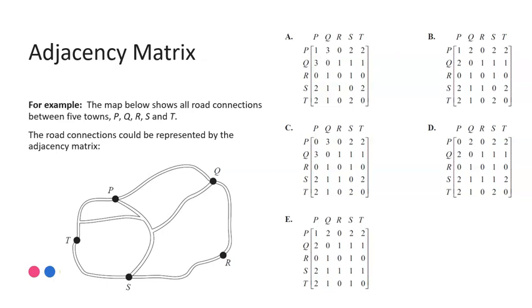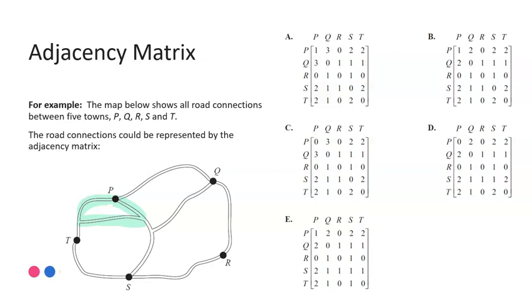So thinking about, can I leave a town, travel on some roads and get back to that town without going through another one? And I can see here at town P, I can leave and come back by not crossing through another town. So I know that P has a loop.